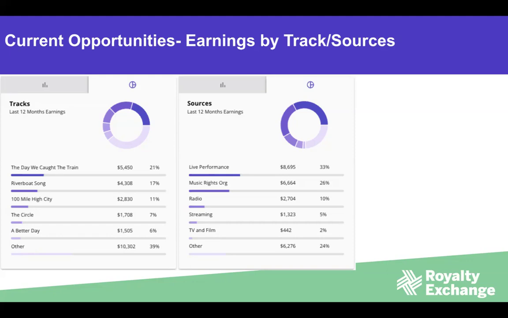Music rights organizations, given this is such an international heavy catalog, that's likely referring to earnings from PROs all over the world, since those would be the music rights organizations. And then a smattering of other stuff. Streaming is on there. It has been growing if you look at the trends, which is again positive as we move further into the digital age.